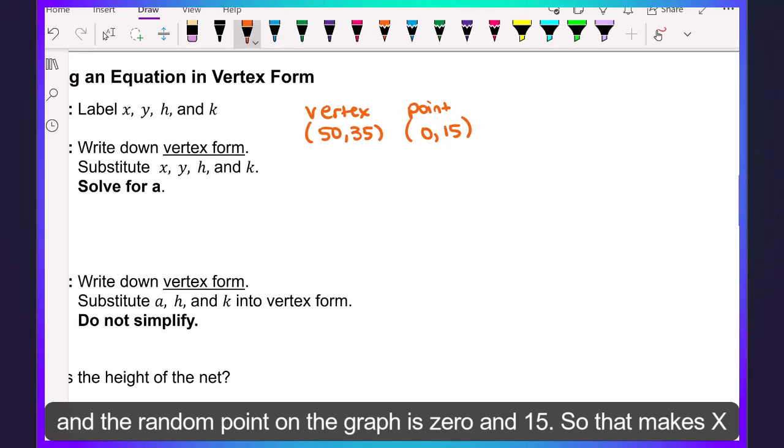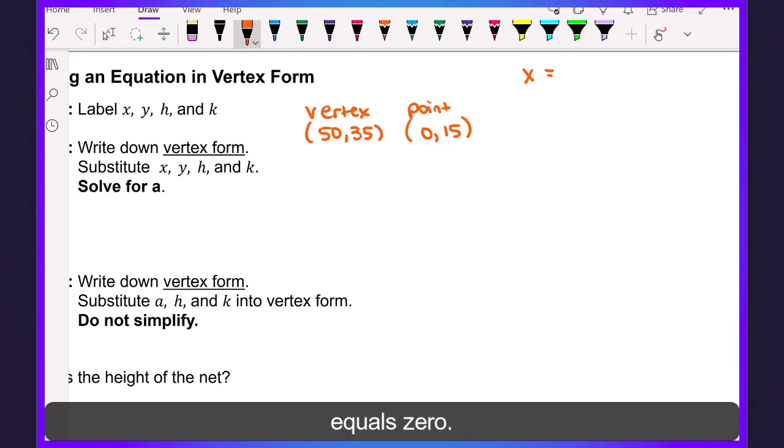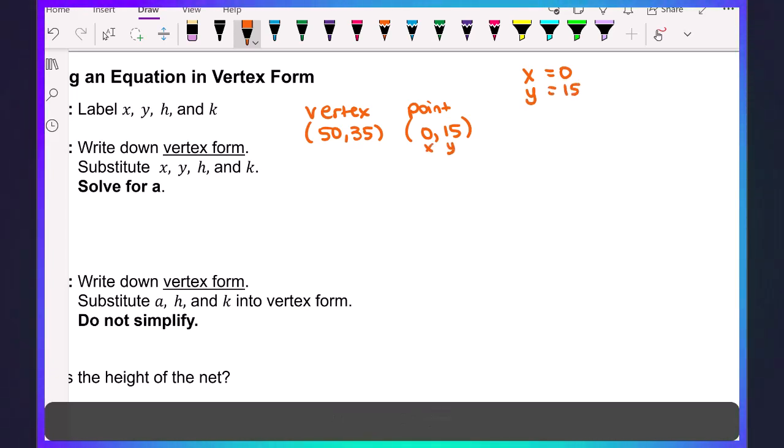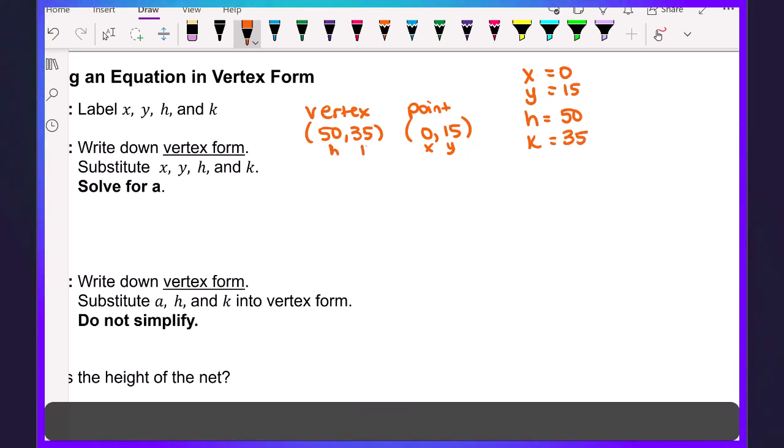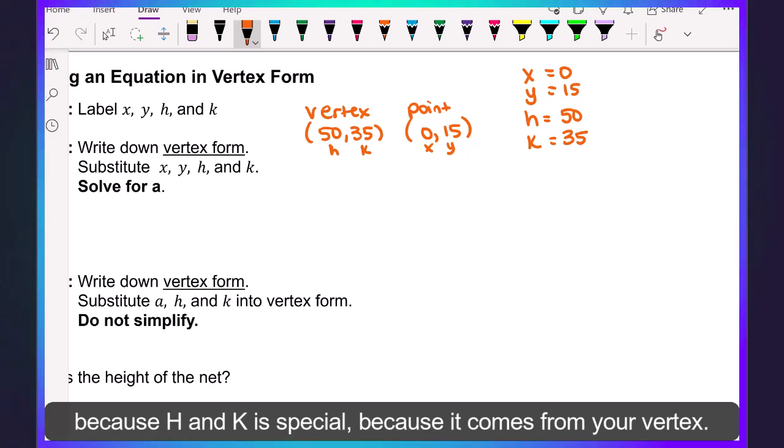So that makes x equals 0, y equals 15. And then your vertex will have h is 50 and k is 35. Because h and k is special because it comes from your vertex.